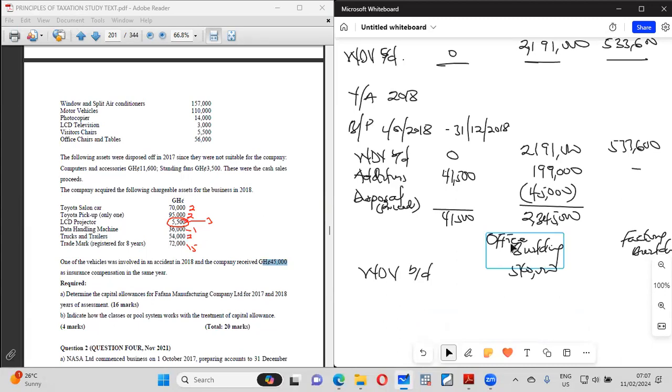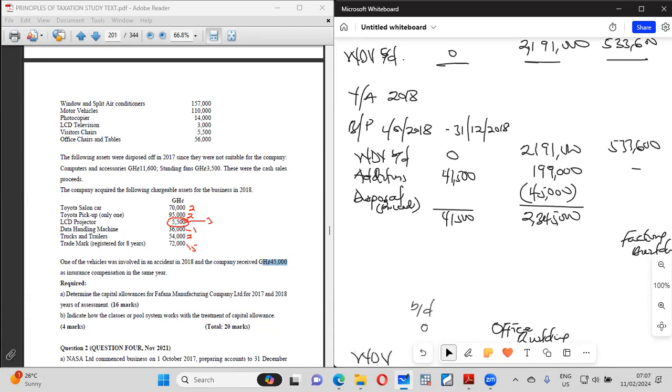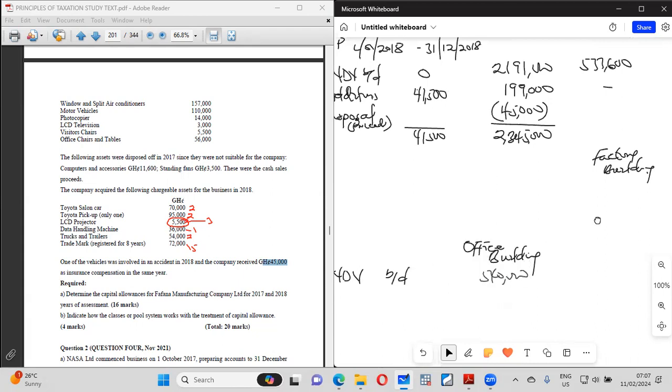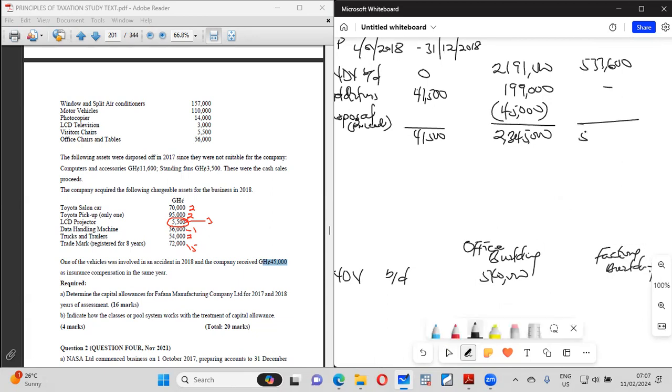So ladies and gentlemen, I need to pick these things and throw them somewhere, so that I can have space to maneuver. 533,600.